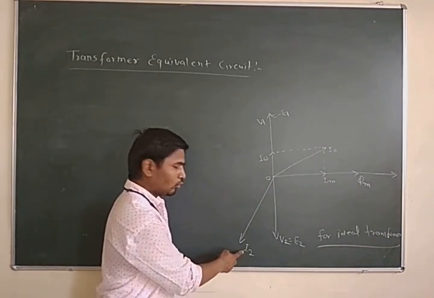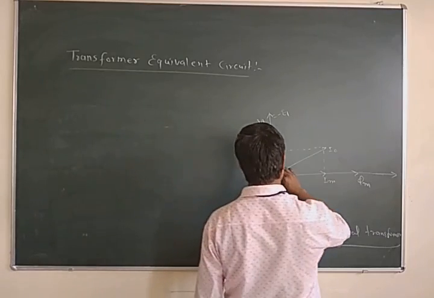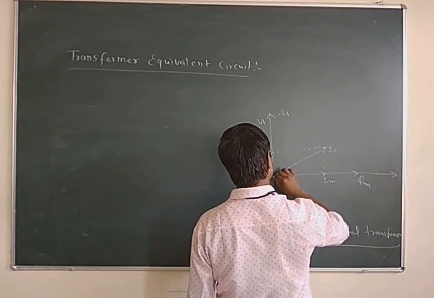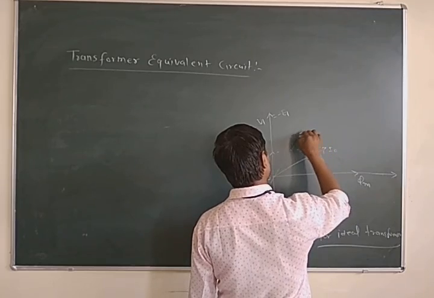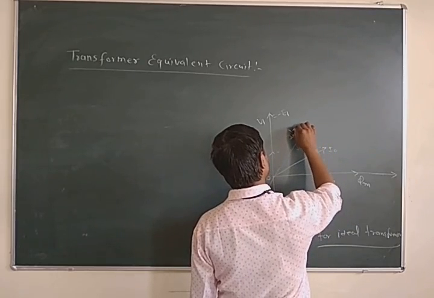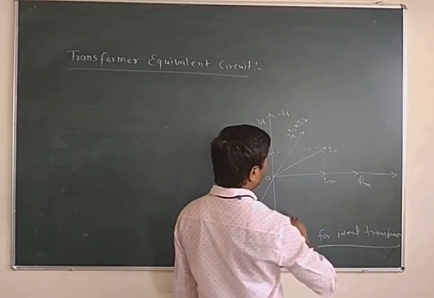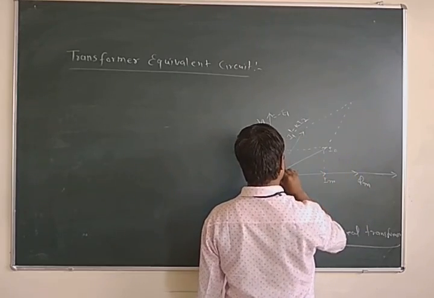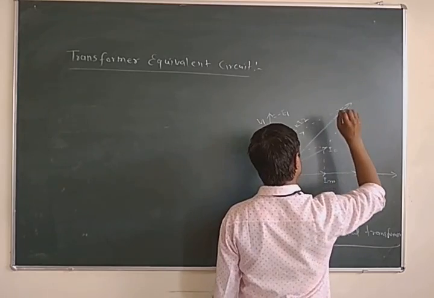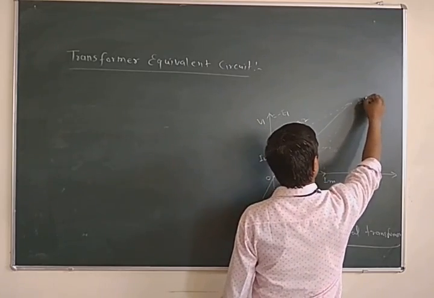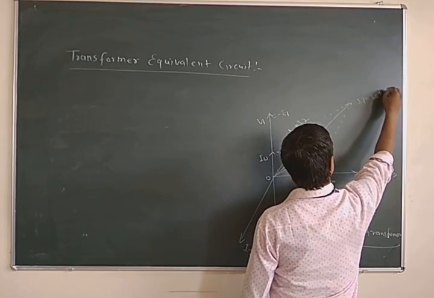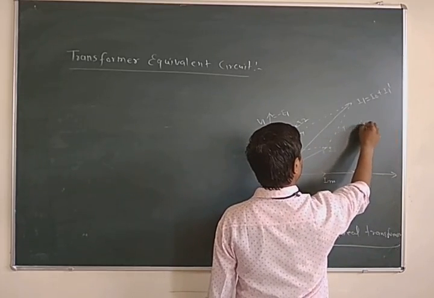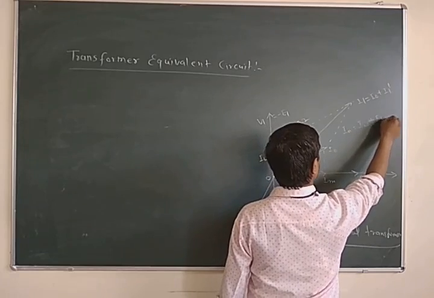Now I2 reflected towards the primary is I1 dash, that is K times I2. The sum of I1 dash plus I0 is I1. So I1 is equal to I0 plus I1 dash, and I0 is equal to IW plus IM.